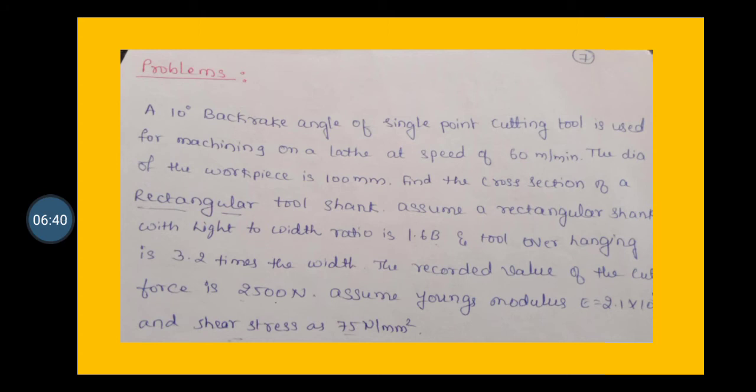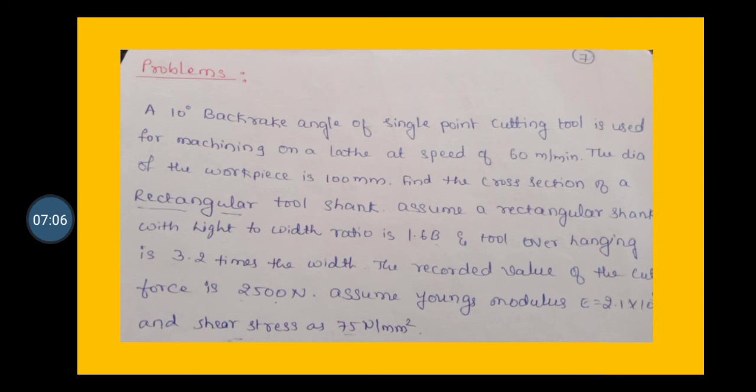Assume a rectangular shank with height to width ratio of 1.6 b and tool overhanging of 3.2 times the width. The recorded value of the cutting force is 2500 Newton. Assume Young's modulus E is equal to 2.1 into 10 raised to 5 and shear stress is 75 Newton per mm square.